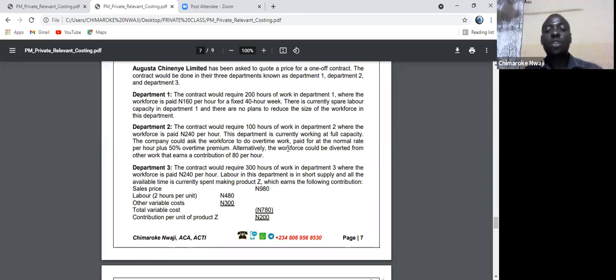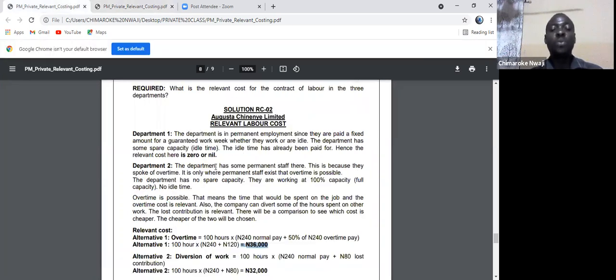So once we are saying choice upon choice, relevant. The workforce could be diverted from other work that earns a contribution of 80 naira. So if you divert them from any job that is giving them 80 naira per hour, that's a lost contribution. So what you will now do is 80 naira per hour multiplied by 100 hours that will be used.